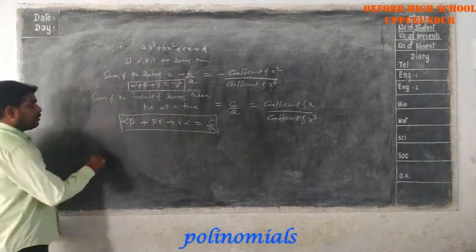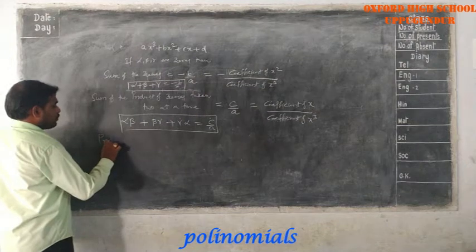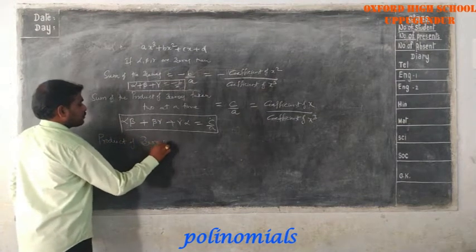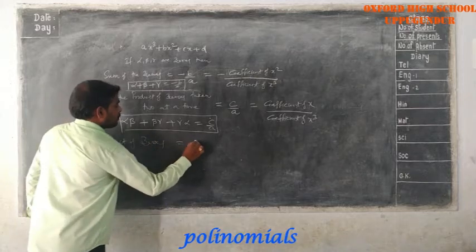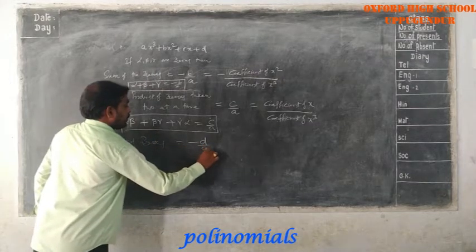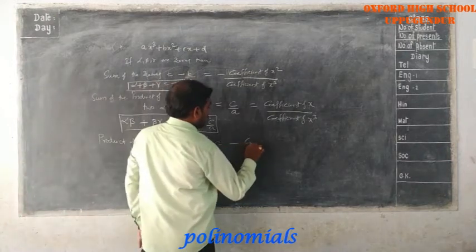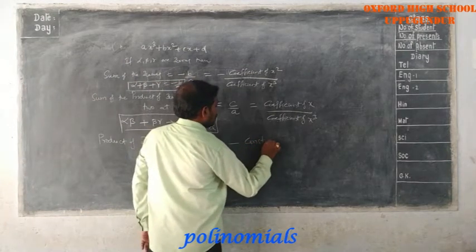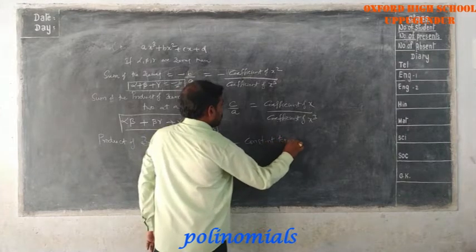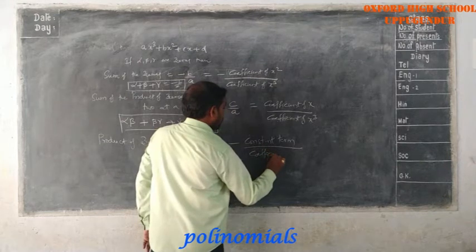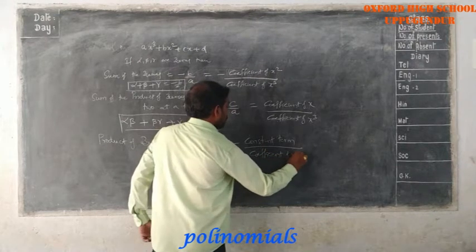Next, product of zeros. Product of zeros equals minus d by a. So d means here the constant term, minus constant term by coefficient of x cube.